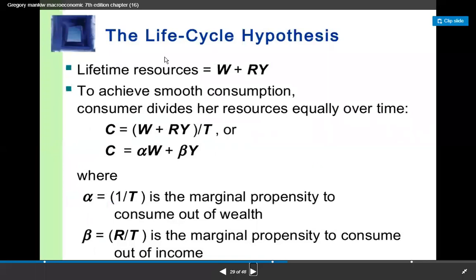Now lifetime resources: wealth from forefathers plus his total income from working. R means total working years. Y means total income from working till the retirement.